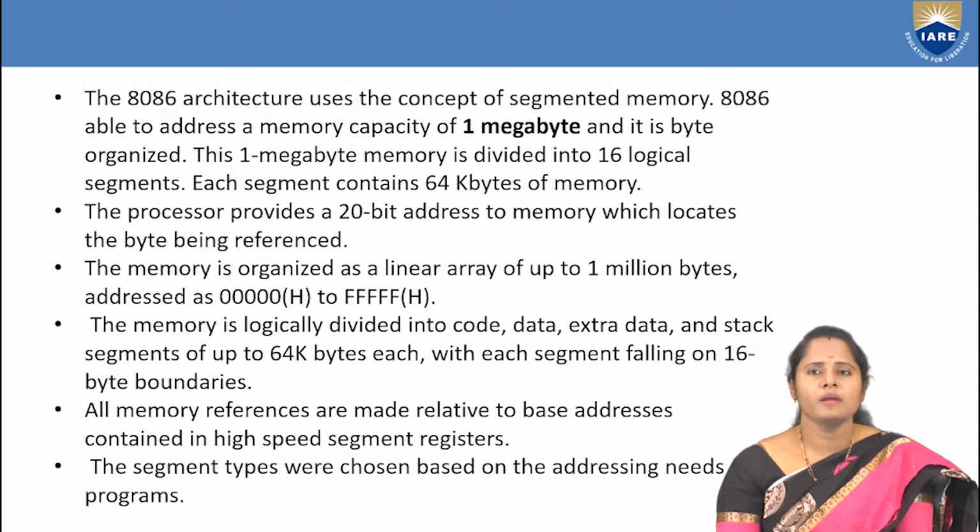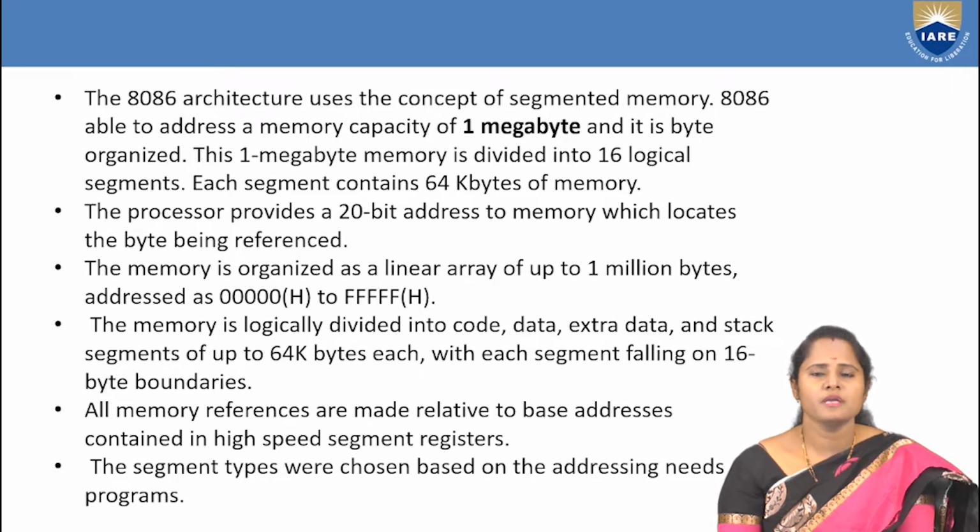So we have a 1 MB memory capacity which is divided into 16 logical segments. Each segment is 64 kilobytes of memory. The address defined for these logical segments is a 20-bit address.